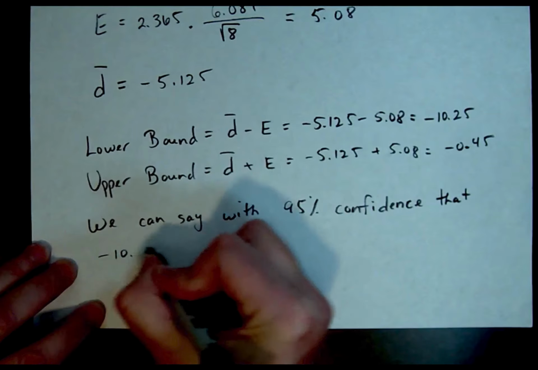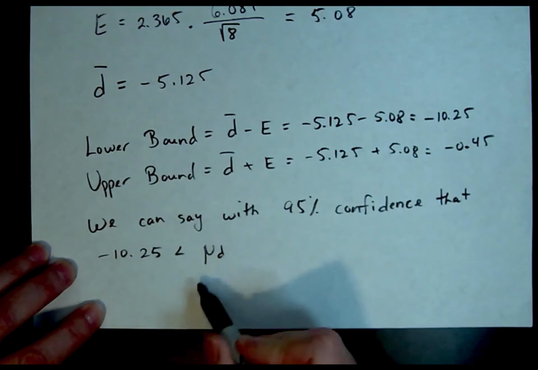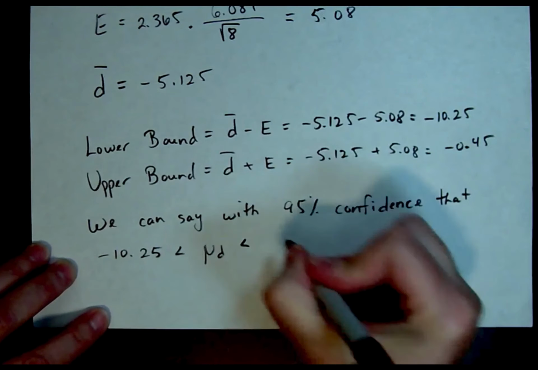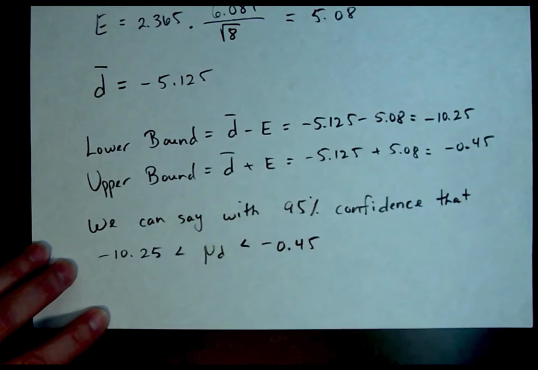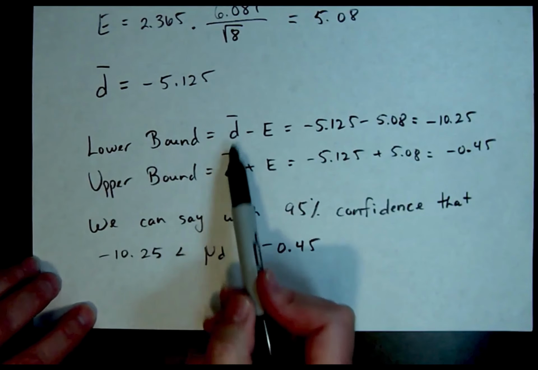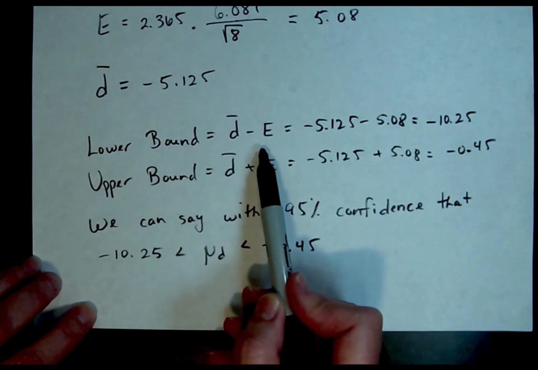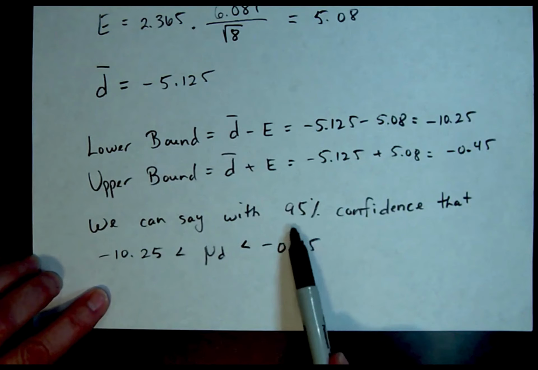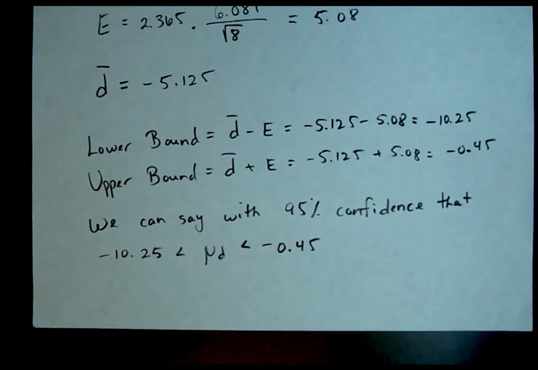Negative 10.25 is less than the mean difference for the population, and that is less than negative 0.45. Remember, the d bar is our point estimate for mu sub d. D bar with a margin of error gives us an interval in which we believe with 95% confidence that we've captured the actual mean for the population difference.